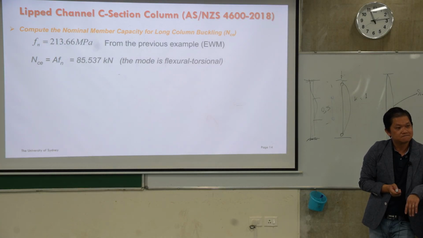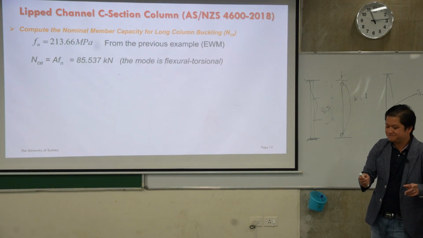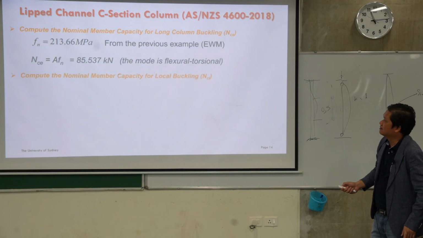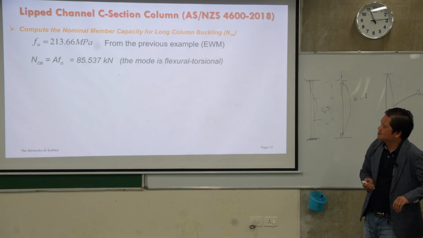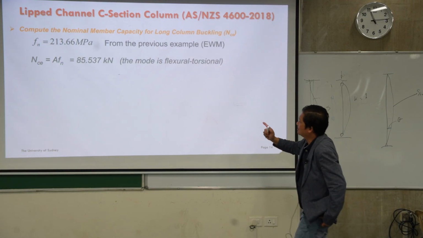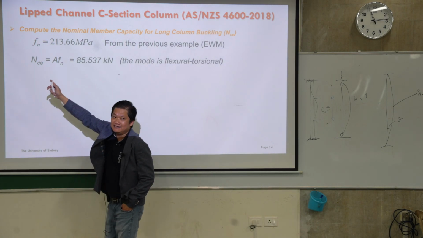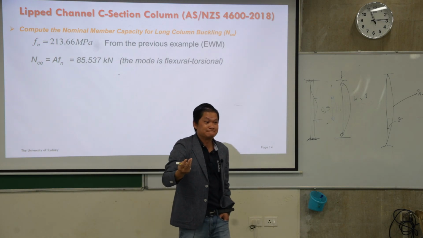While taking the minimum, the first one is FOE. That means FOC is a local buckling. So this is Fn, global buckling.